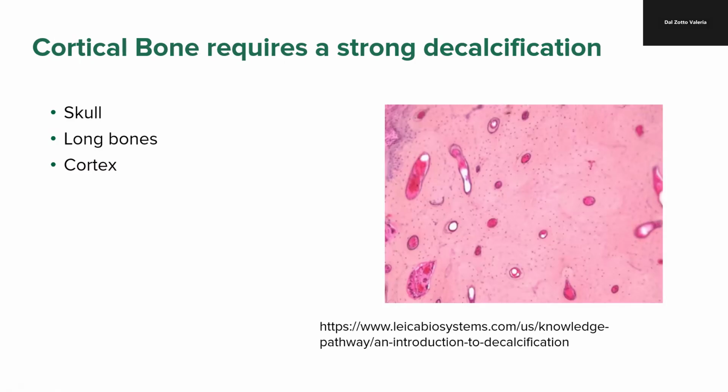I don't know if I pronounced it correctly. This cortical bone is present in the skull and in the cortex of the long bones, and is a strong, very compact, very hard bone that is going to take longer to decalcify.